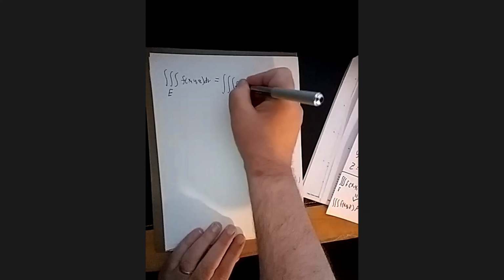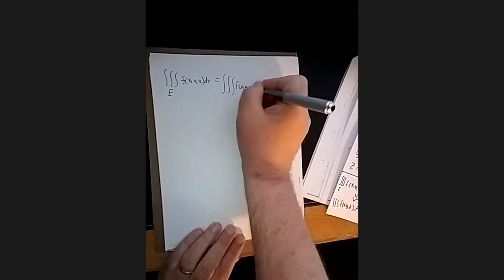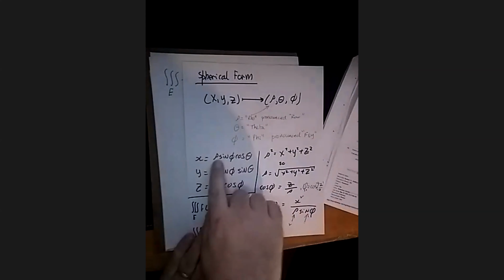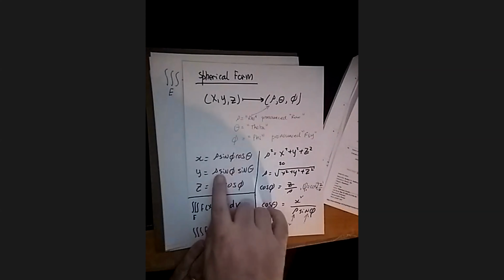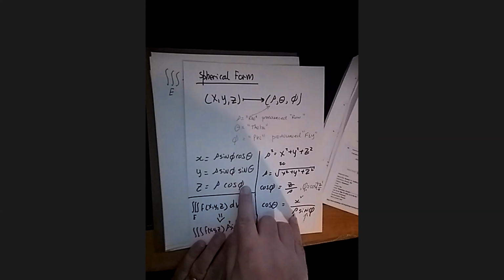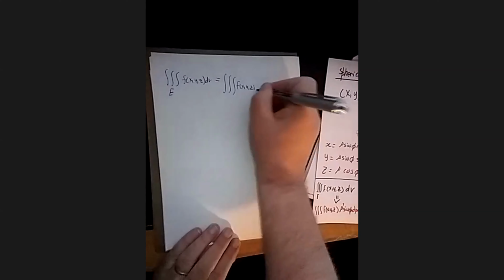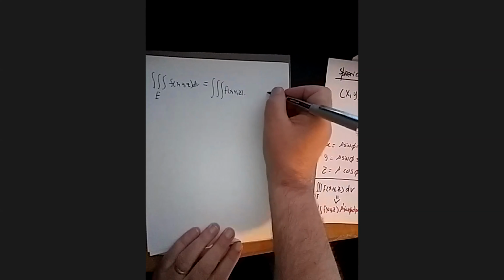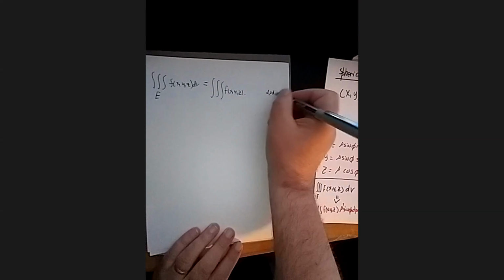The x's get replaced by this fella, the y's get replaced by this fella, and the z's get replaced by this fella. And you then have, over at the end here, d thingy, d thingy, d thingy.